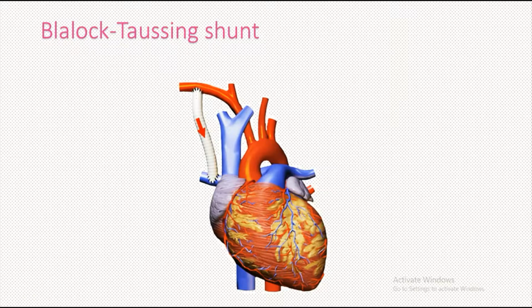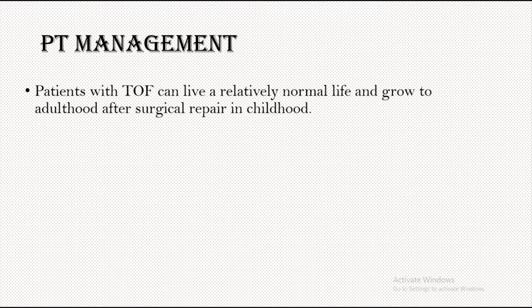Now let's talk about how physiotherapy can help to treat this condition. A patient with Tetralogy of Fallot can live a relatively normal life and grow to adulthood after the surgical repair in childhood.